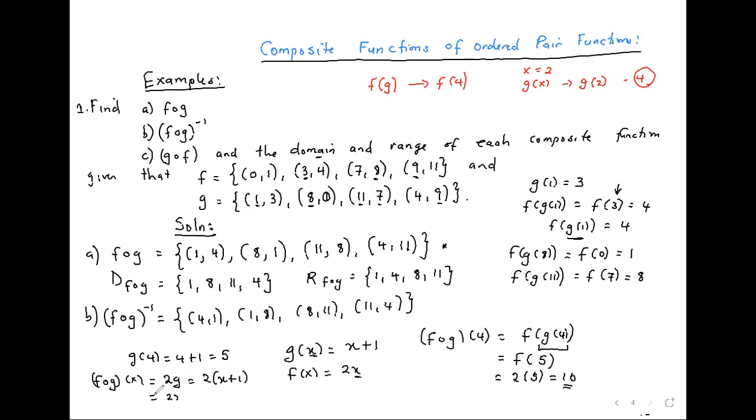So you get 2x plus 2. Then now we're saying find f of g of 4. Then you have 2 times 4 plus 2. This will be 8 plus 2, giving us 10. This number 10 here is the one that we got even here.